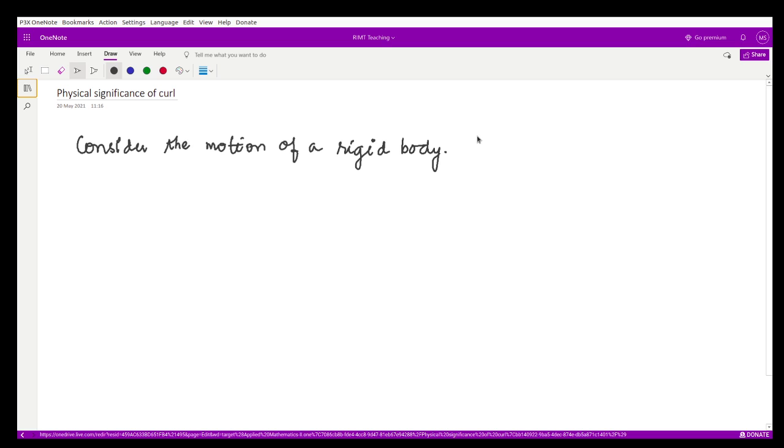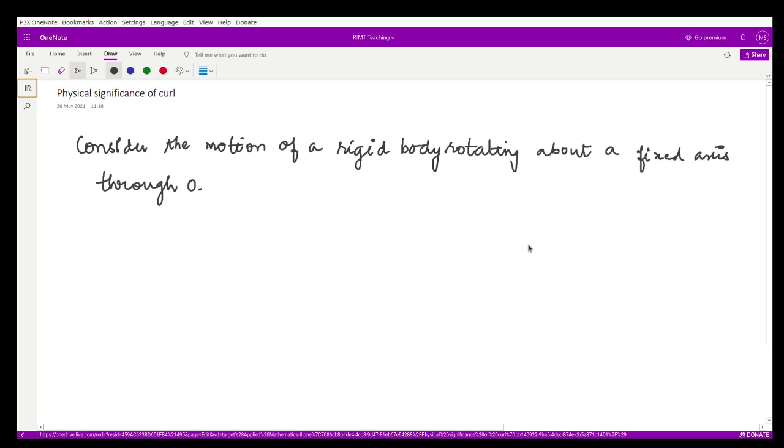So consider the motion of a rigid body which is rotating about a fixed axis through origin.